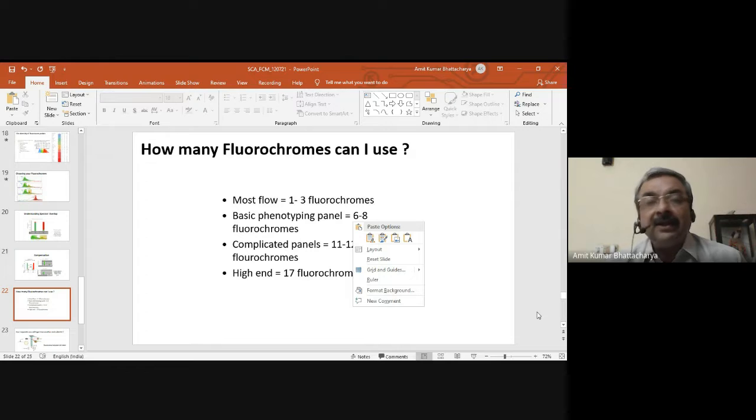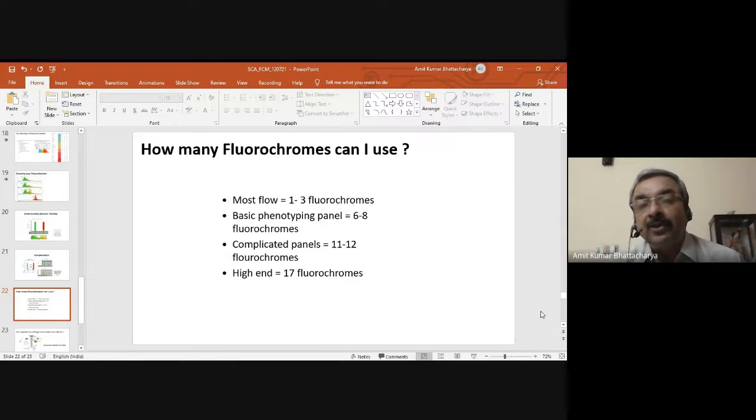So how many fluorochromes can one use in a flow cytometer? Usually people detect 1 to 3 generally comfortably. People do 6 to 8, but when they want to look at more things inside cells, they need to use more fluorochromes, and the number of dyes goes up.